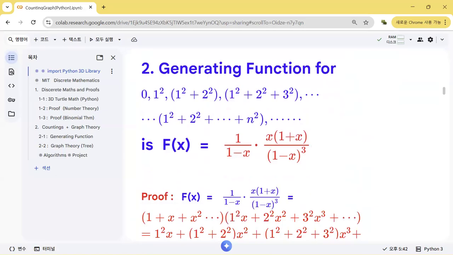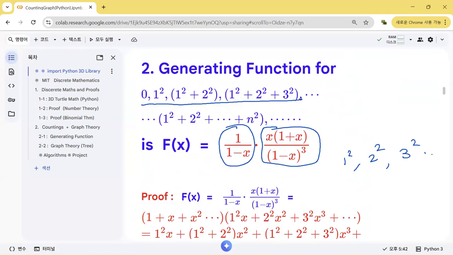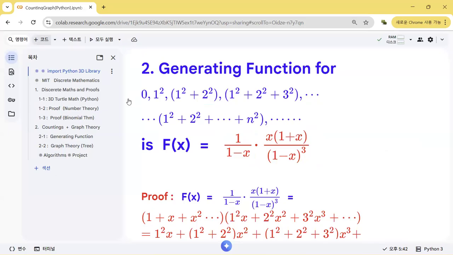So this is the generating function for one squared, two squared, three squared. Sorry. Just multiply this one, then you get the generating function of this one. Why? This is a very beautiful mathematical explanation.